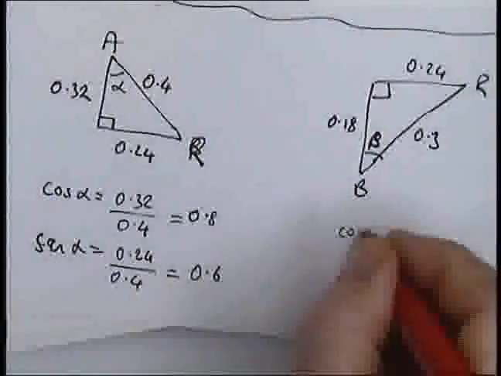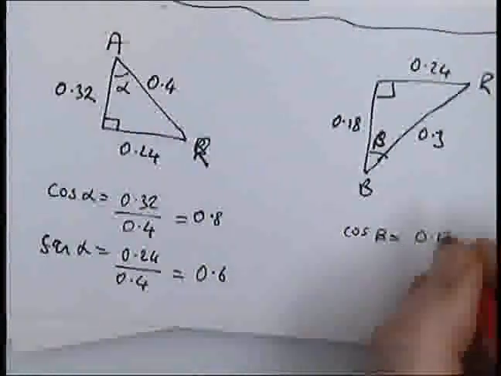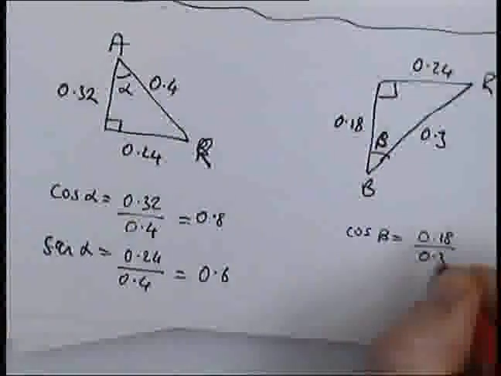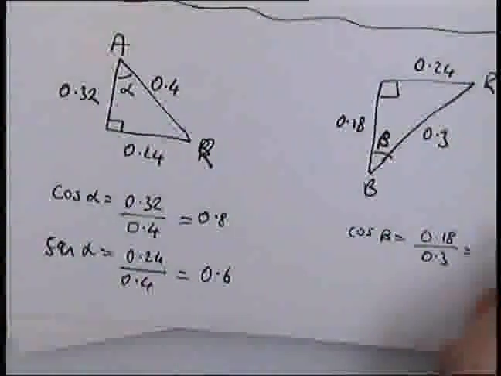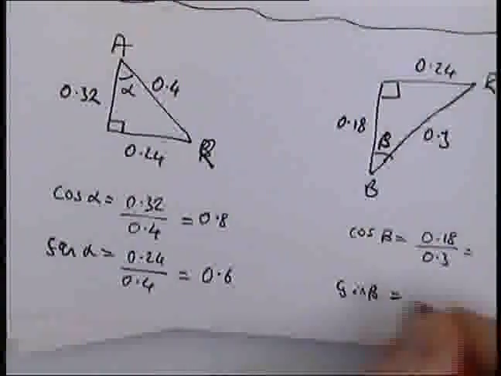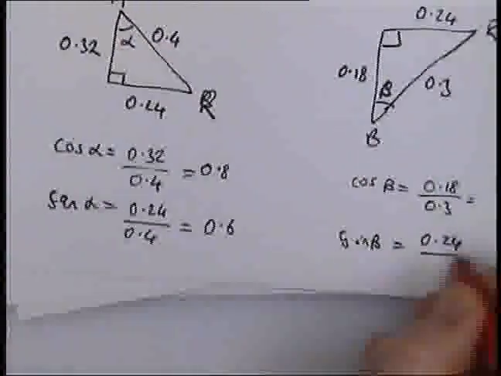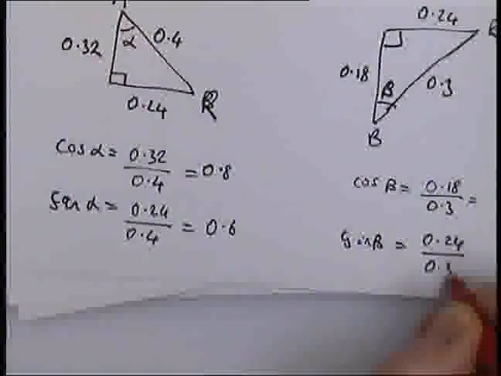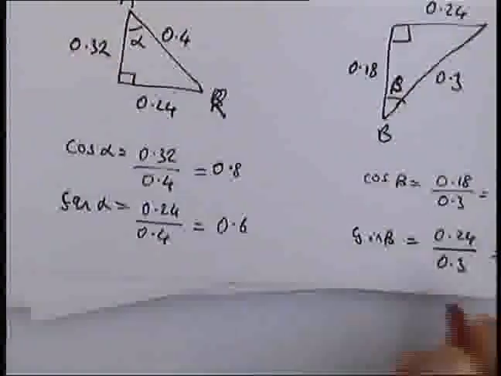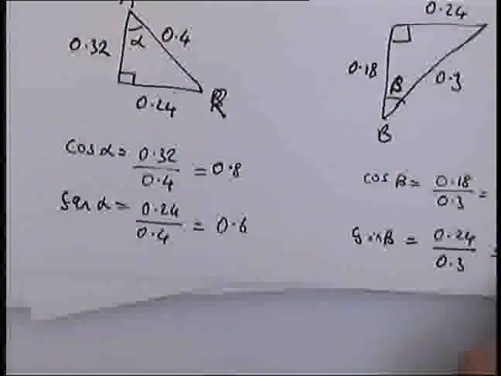And on this problem, I get cos beta is equal to 0.18 divided by 0.3, which is 0.6. And I get sine beta is equal to 0.24 divided by 0.3, which is 0.8. Now I'm going to need those later on, but I've worked them out now.